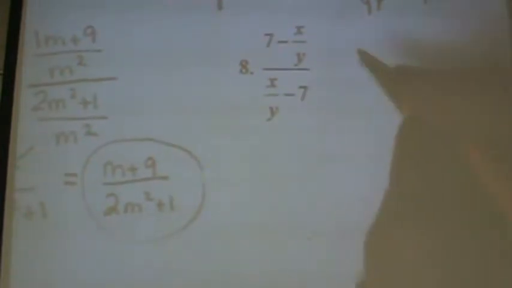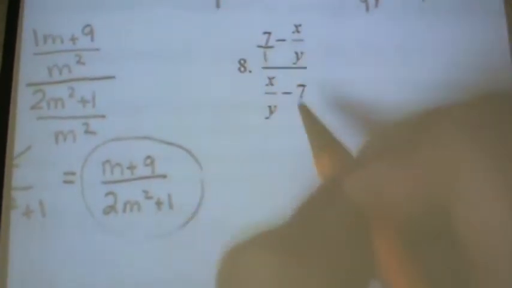Number 8. Multiply by y. So you have 7y.